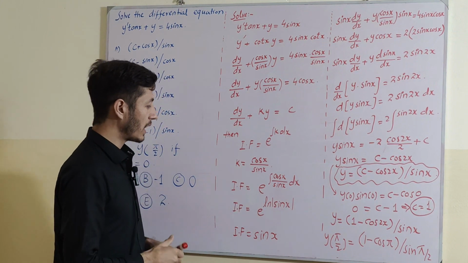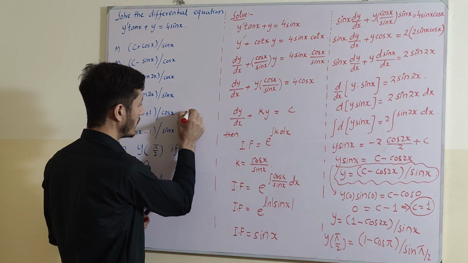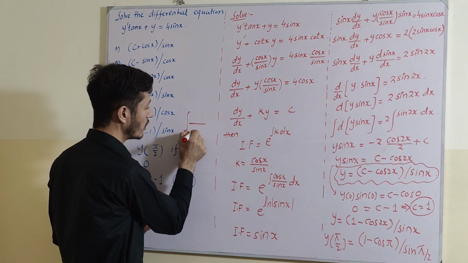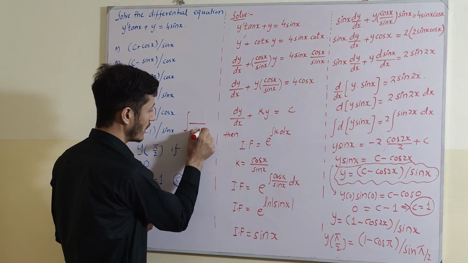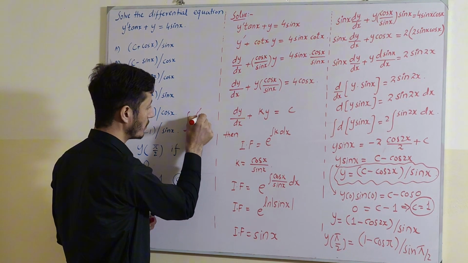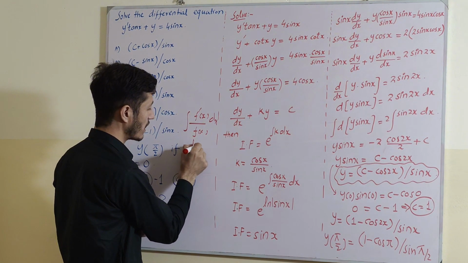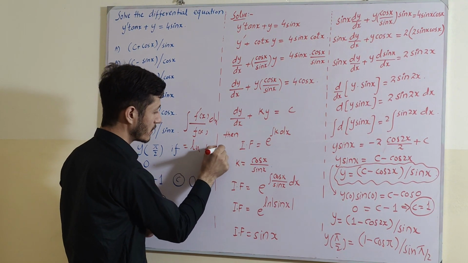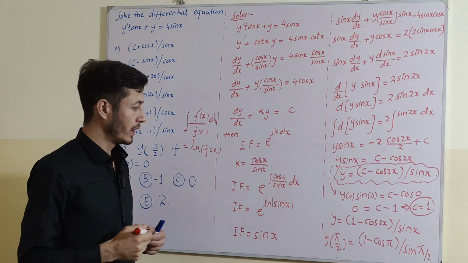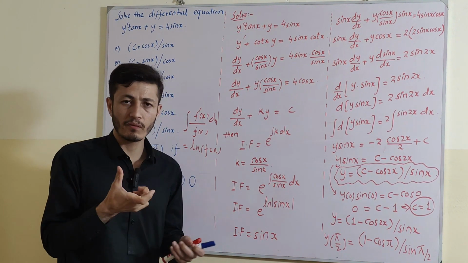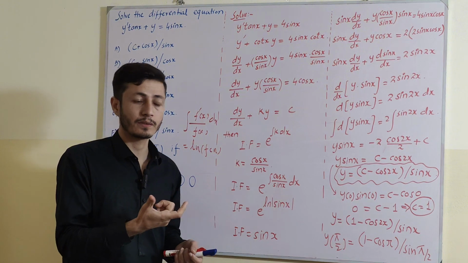Here a formula is used: if there is an integral, and in the denominator a function is present and in the numerator the derivative of the function is present, then it is equal to the natural log of the function. The sine of x here is the function and its derivative is cos of x.